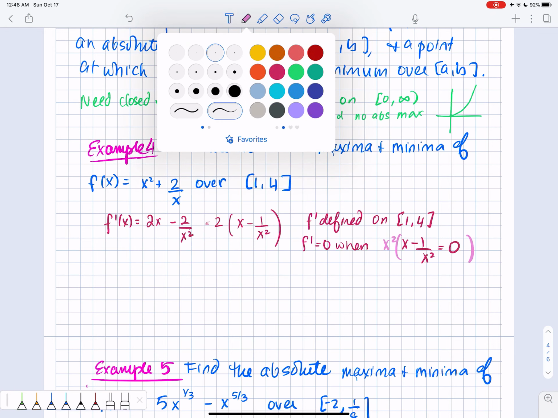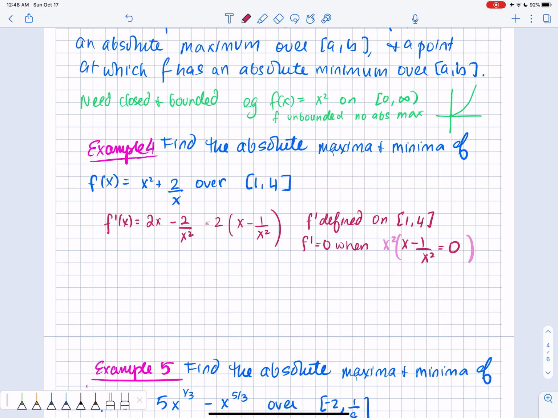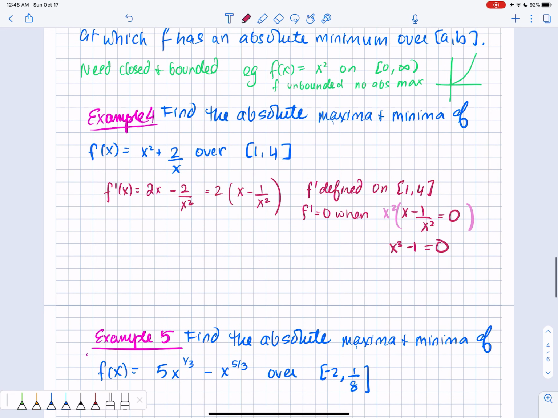What do you have? You'll have x cubed minus 1 equals 0. You can cancel the x squared because 0 is not in the domain, so x is not 0. So x cubed is 1 and x equals 1.